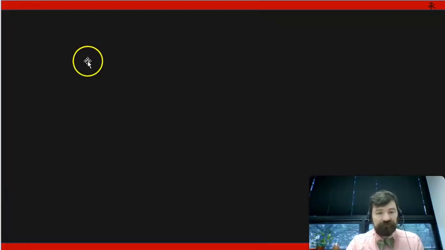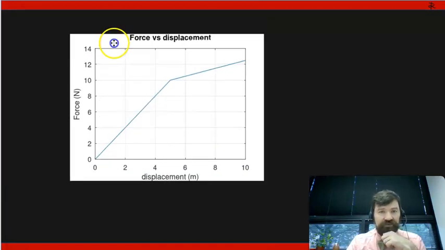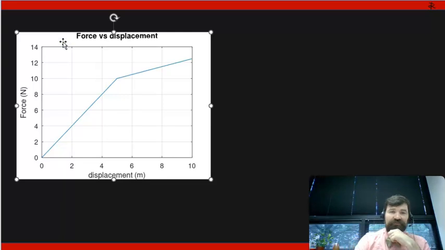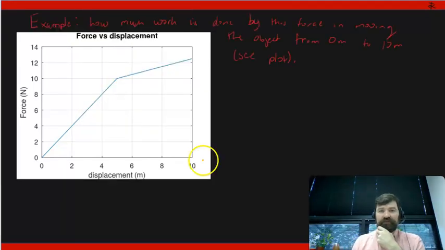So if we put this in here, maybe we want to find as our example the work done. We might ask, how much work is being done to move this object from a starting location at 0 to an ending location of 10 meters? To answer that, you basically want to find the area under these curves.